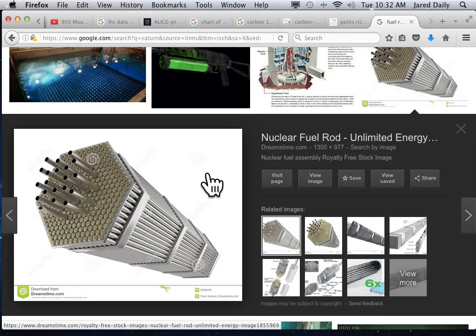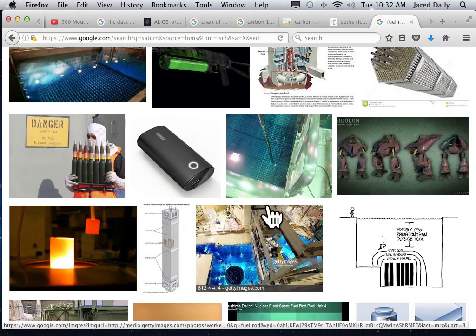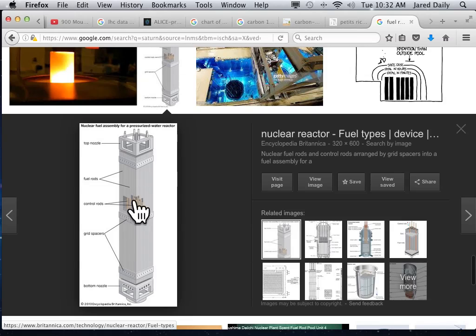So here is a fuel bundle. Sometimes they're hexagonal. Sometimes they're square. Sometimes they're round. But essentially, it's just a bunch of these things all put together, right? So they've got these huge things, and these things can be as big as the reactor, 20 feet long, maybe 10 feet long, whatever. But they can hold thousands of these fuel rods in them.